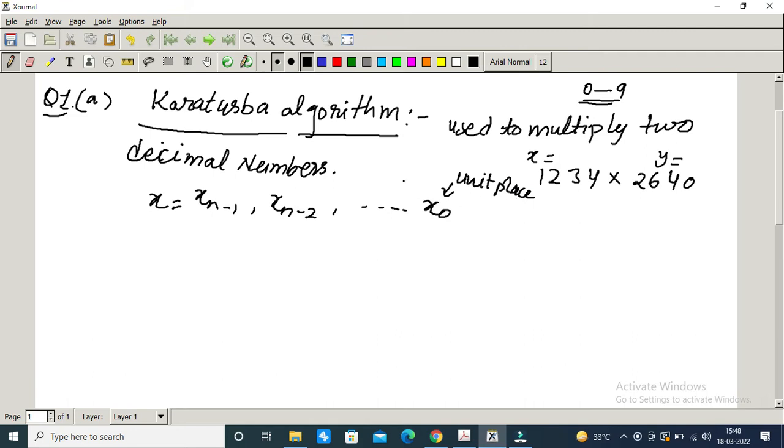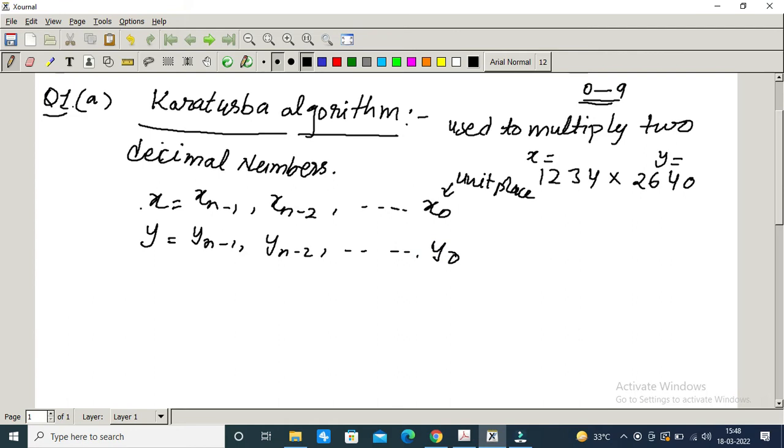Unit place, then tens place, then 100, then 1000, then 10,000. Now the other number is y(n-1), y(n-2), up to y0, the same as x.